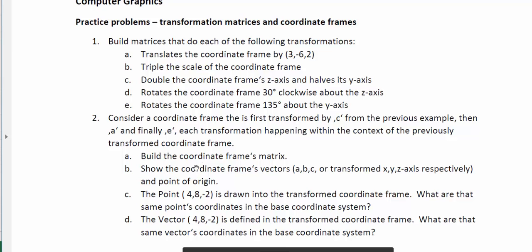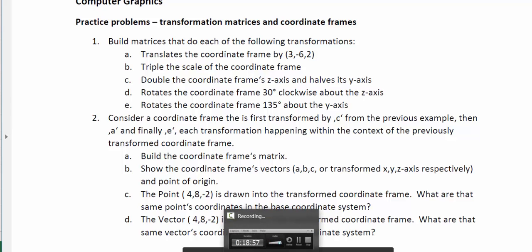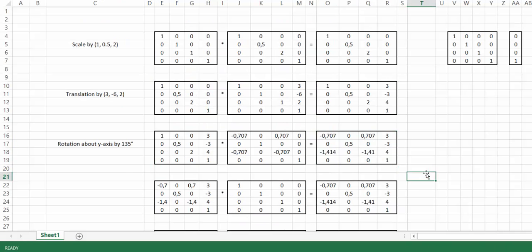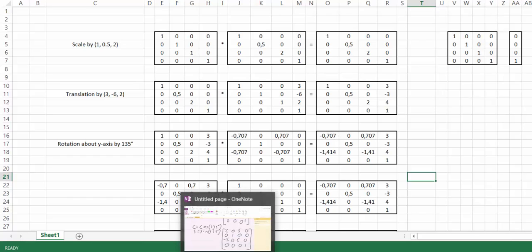And now show the coordinate frame's vectors and point of origin. And to do this, we simply have to read from the matrix. So let's look at what the matrix looks like here. Okay, so we can write this up, 0.707 we have there.